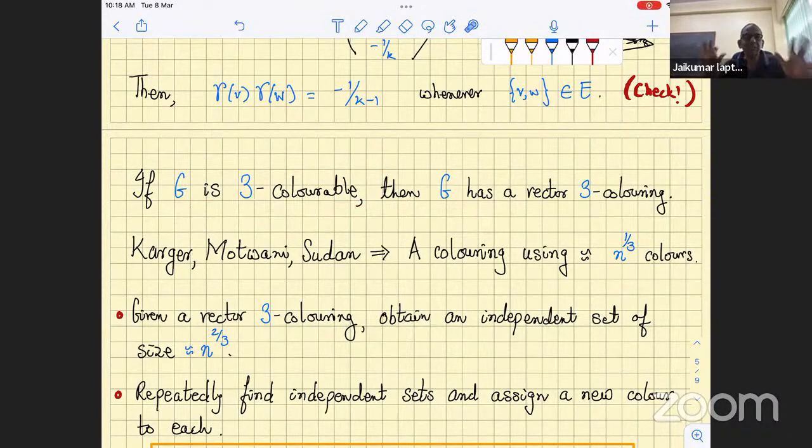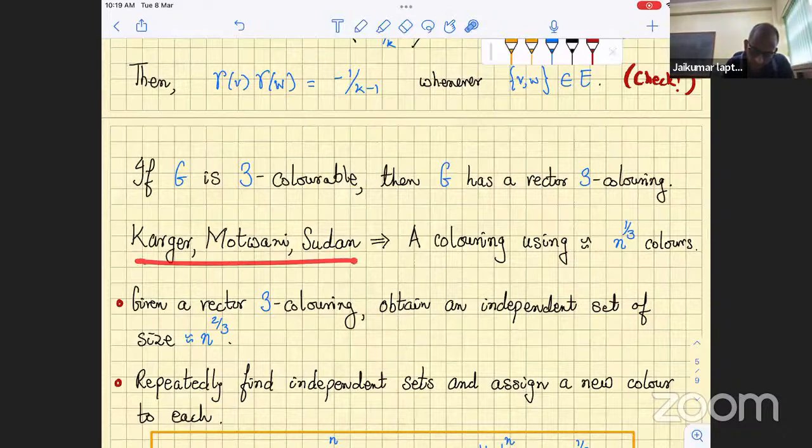Somebody has given you a graph and they say that it is 3 colorable. In how many colors can you color it? Is there some clever way of coloring it? Can you always color it in n over 2 colors, square root n colors, in how many colors? Karger, Motwani and Sudan showed a method for coloring it using n to the 1/3.